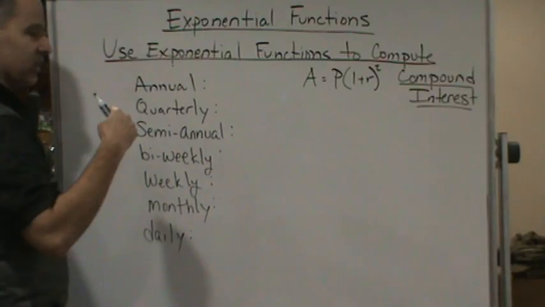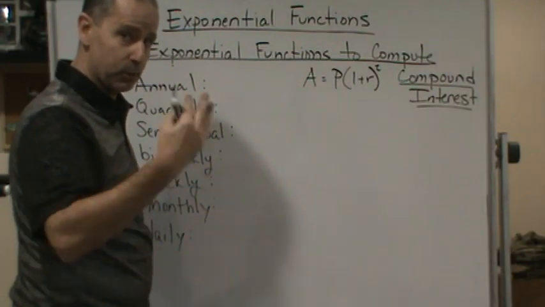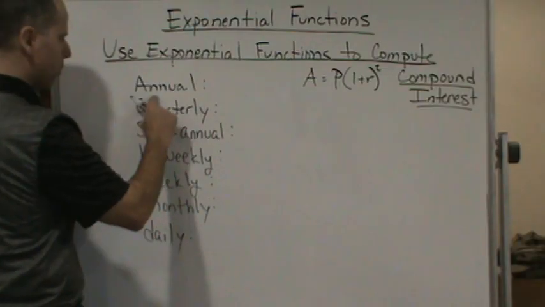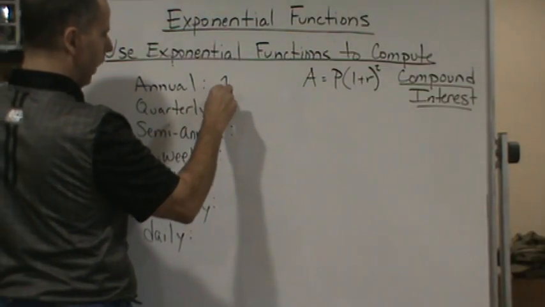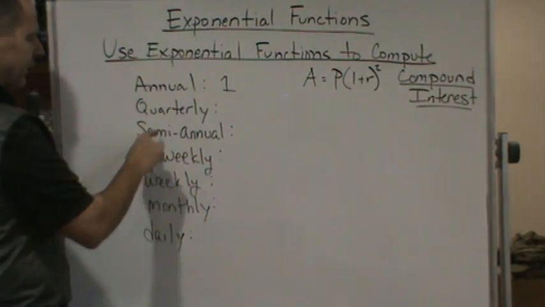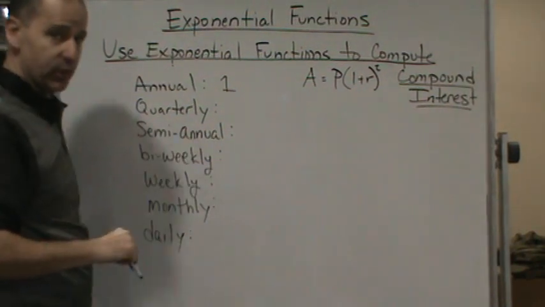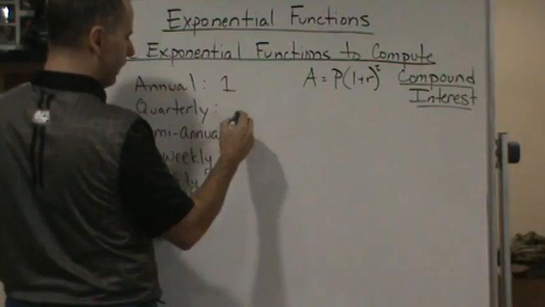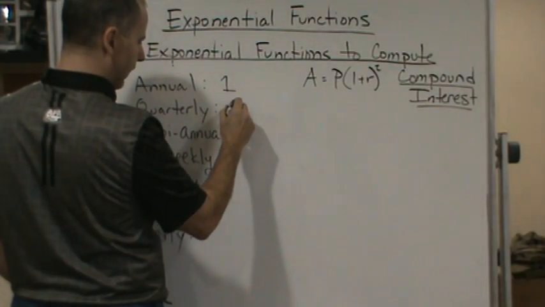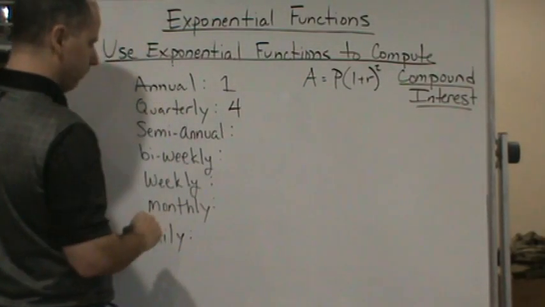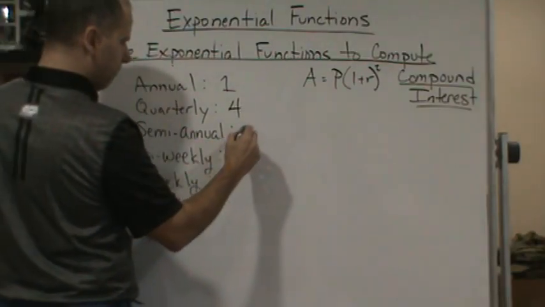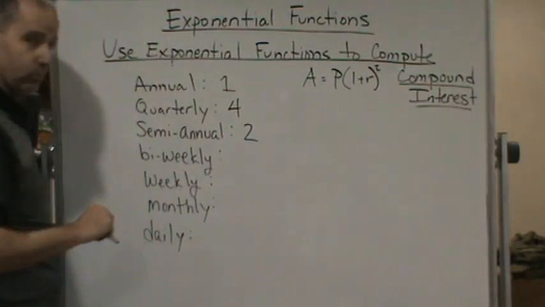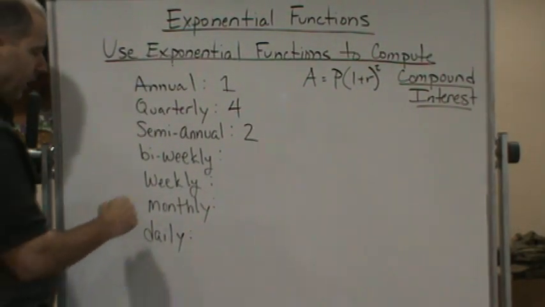If we think about the number of compounds per year, in annual compounding, that would just be 1. In quarterly compounding, we ask ourselves, how many quarters are there in a year? So that would be 4. Semi-annually, there's 2, every 6 months.